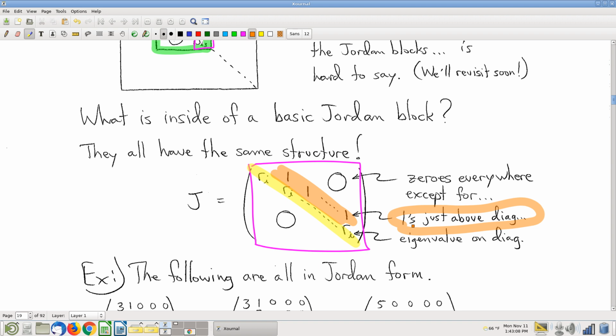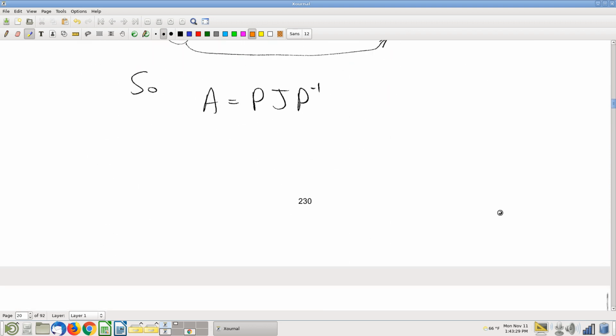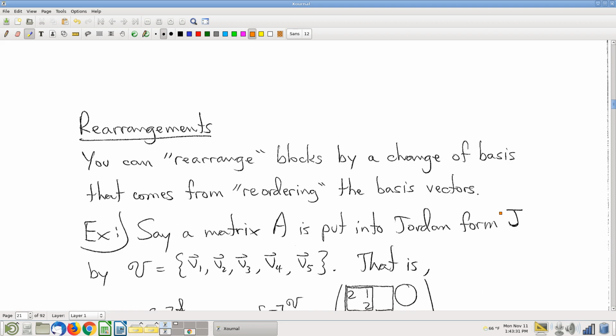But just like with reduced echelon form, there's a bunch of rules that define what the form is, what it looks like. It's a very different set of rules than for reduced echelon form. We saw some examples last time. Okay.